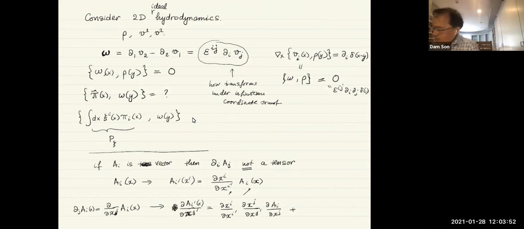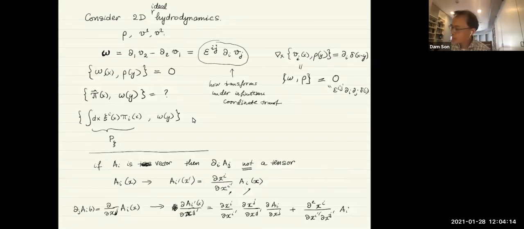But there is an offending part. Now, if the first part was the only thing, then we would say that the derivative transforms like a tensor of second rank.